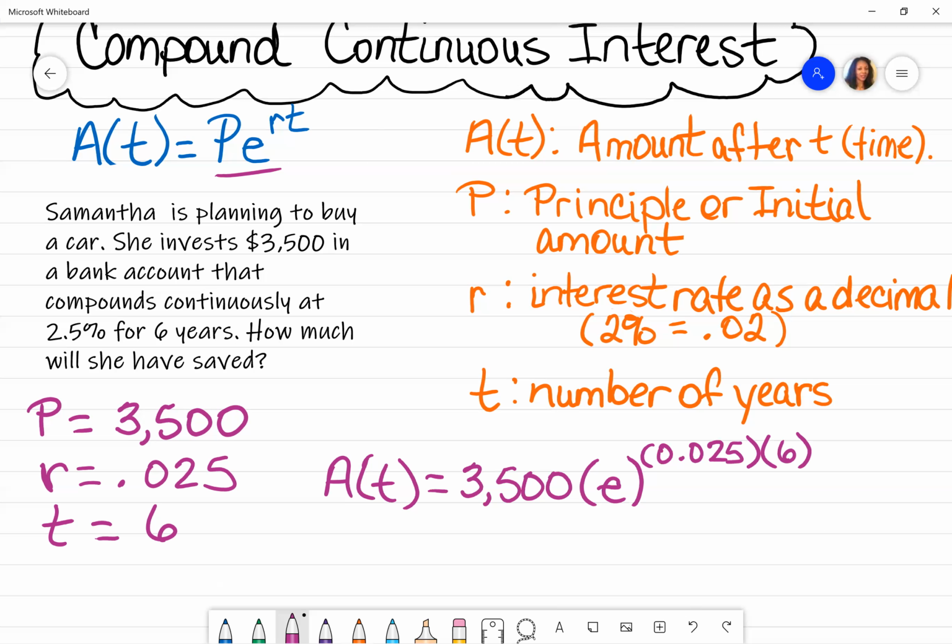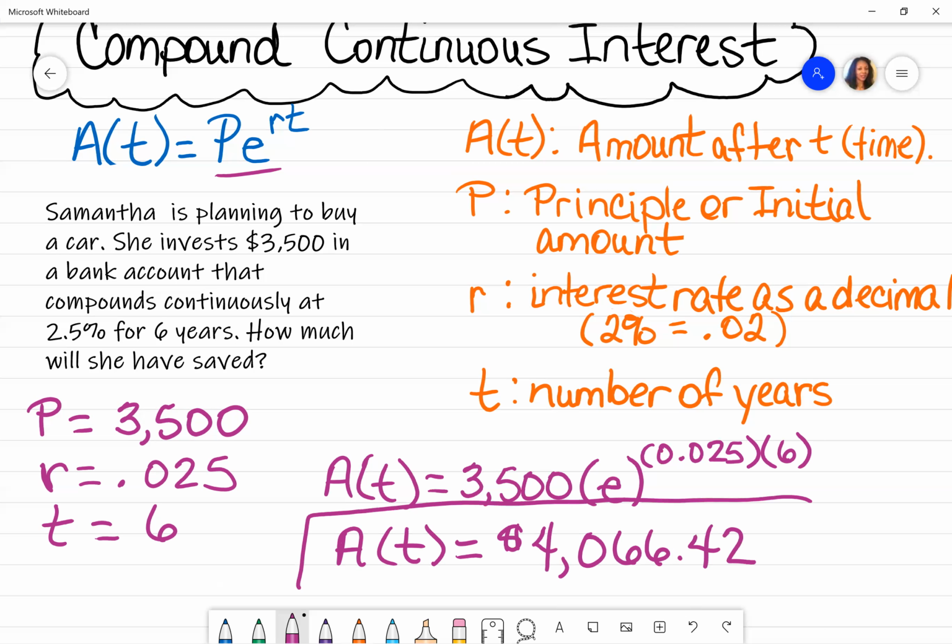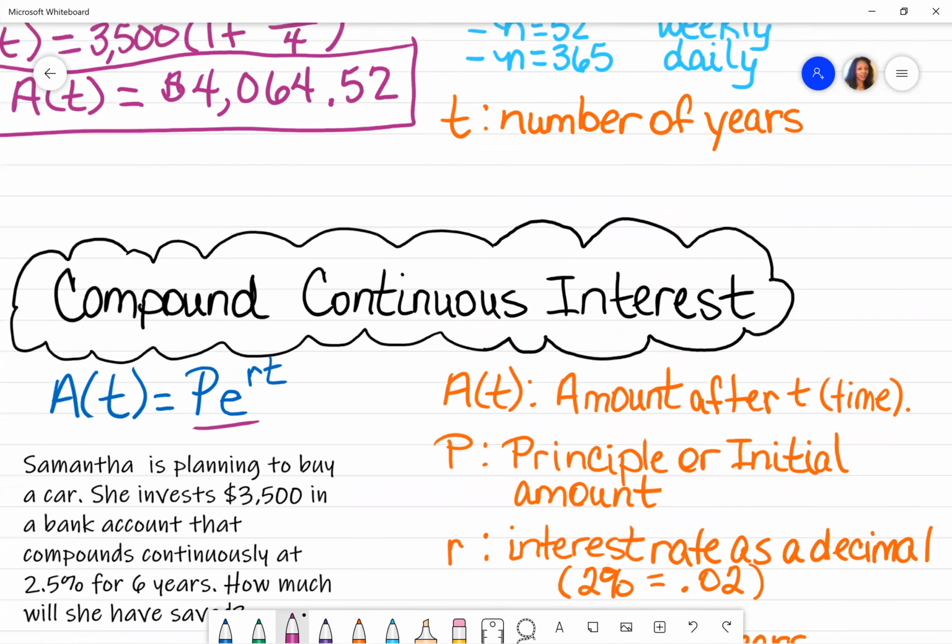So make sure when you put it in your calculator that you put it in correctly. If you do this, your calculator will tell you that she would have saved approximately $4,066.42.